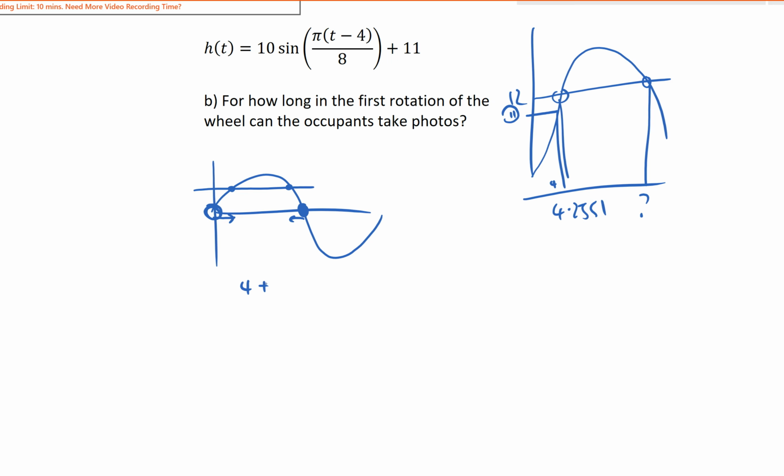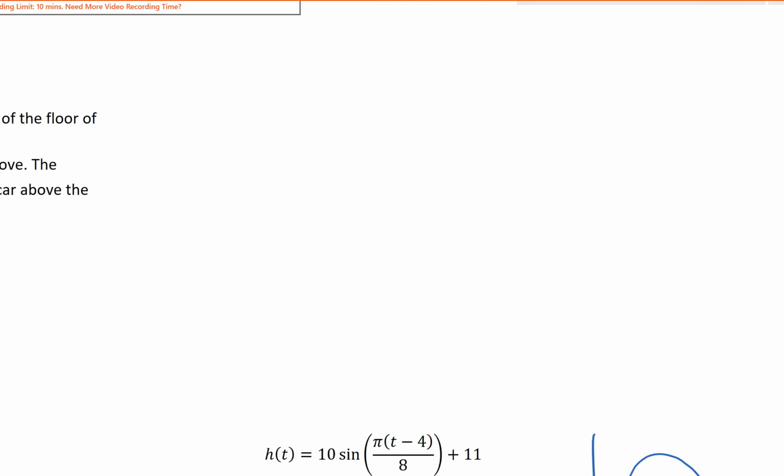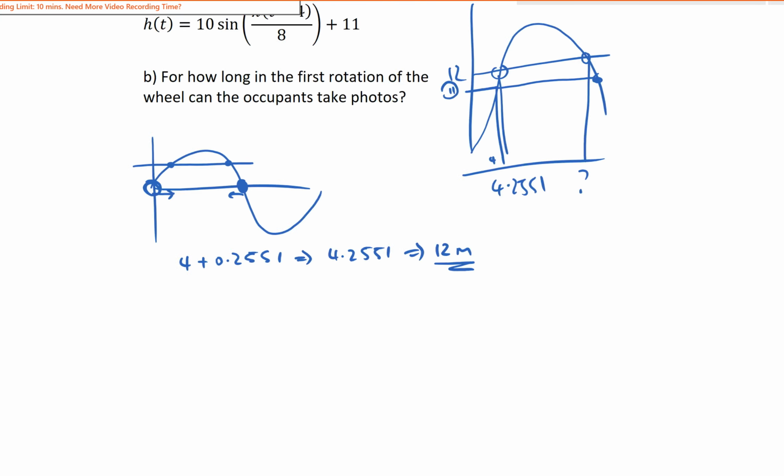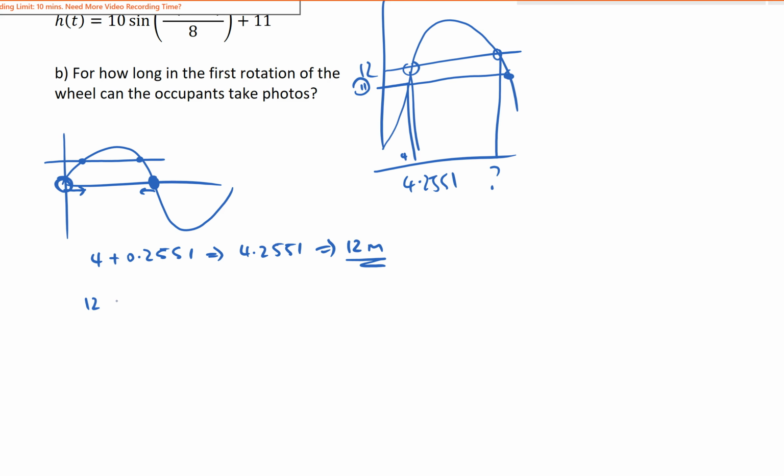So 4 plus 0.2551 gives you 12 meters. But what was the 0 value over here? We calculated that up top. So t is 12. So now we're going to go 12 minus 0.2551, and that will be 11.7449, and that will hopefully give me 12 meters.